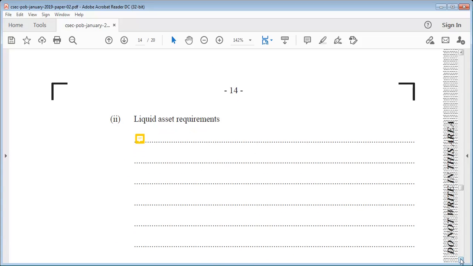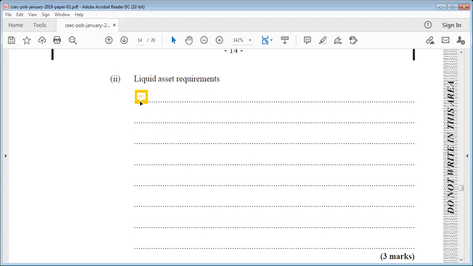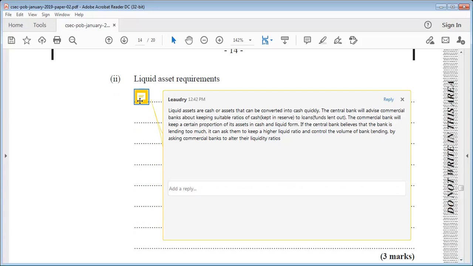The second part says liquid asset requirements. Now, liquid assets are cash or assets that can be converted into cash quickly. So the central bank will advise commercial banks about keeping suitable ratios of cash kept in reserve, or loan funds lent out.